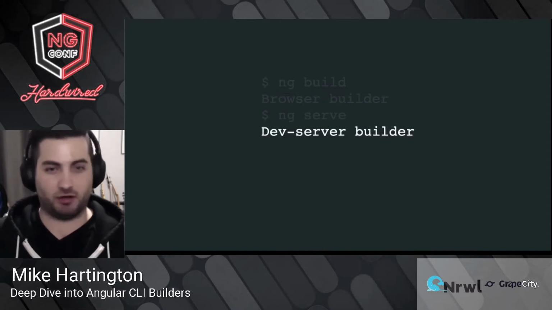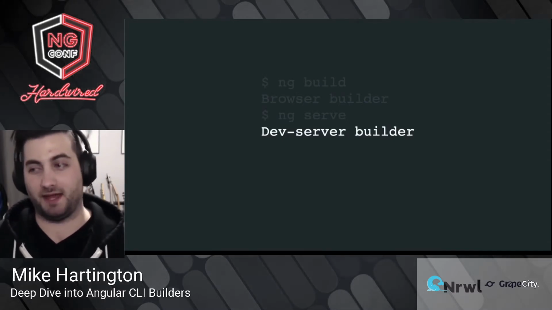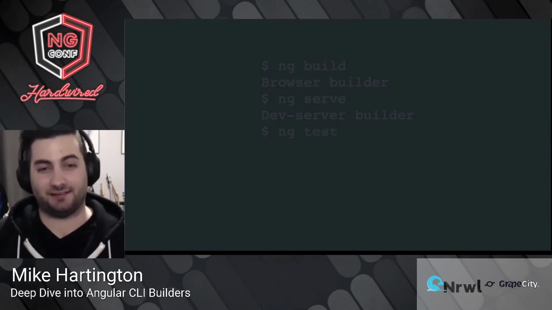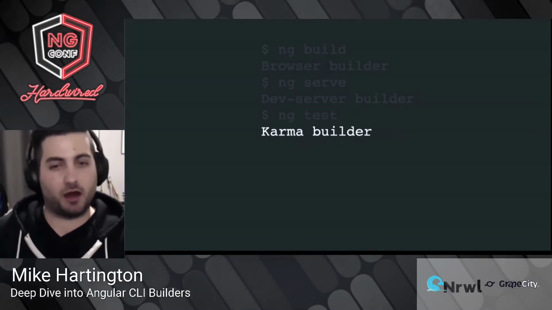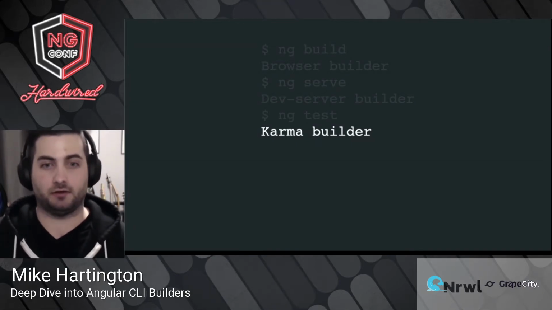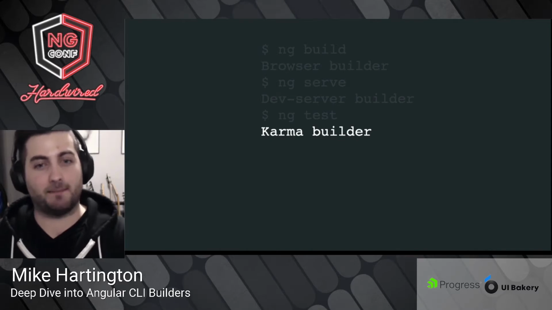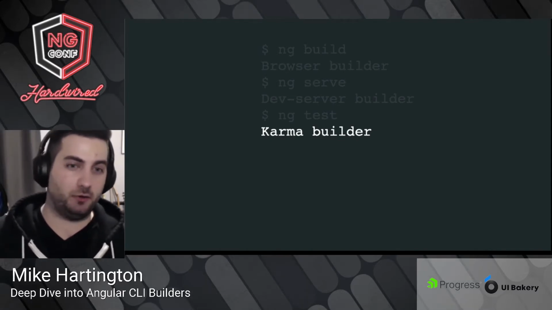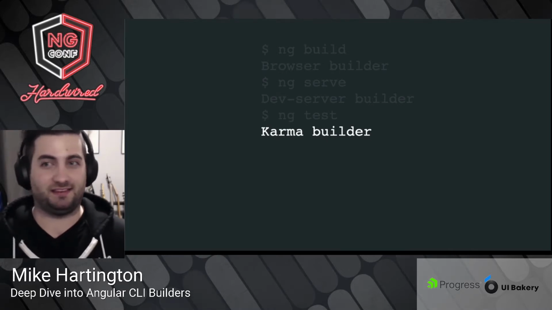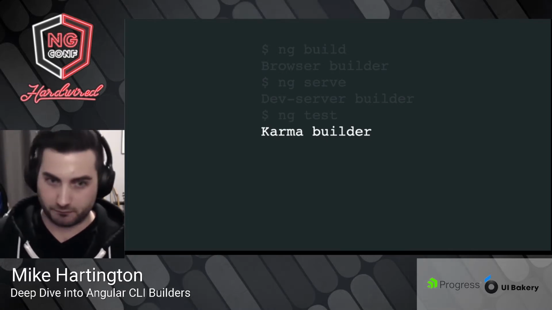So we are just running this builder by running our CLI command. And the last one is whenever we run ng test, we are running by default the Karma test runner, or we could swap that out for something like Jest. So the high-level ng commands don't actually know any of the implementation details. They just know run this thing, which will run a builder.